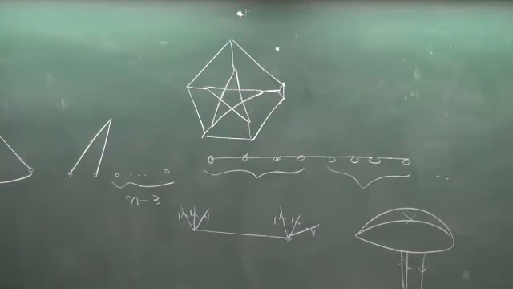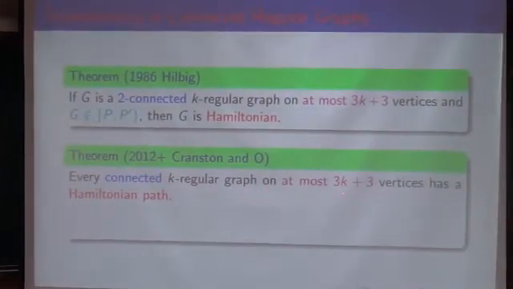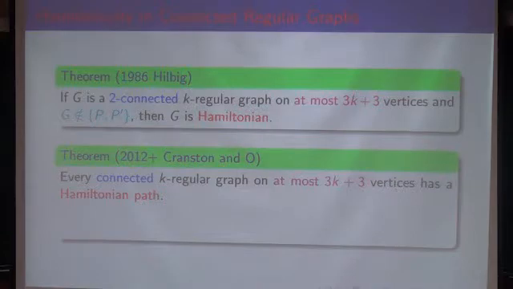So by using this theorem, we also show that every connected k-regular graph with at most 3k+3 vertices has a Hamiltonian path. We know that the Petersen graph has a Hamiltonian path, even though it has no Hamiltonian cycle. And by the construction of P', it also has a Hamiltonian path.